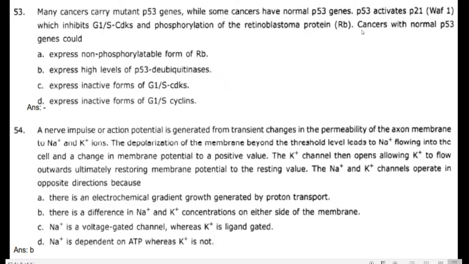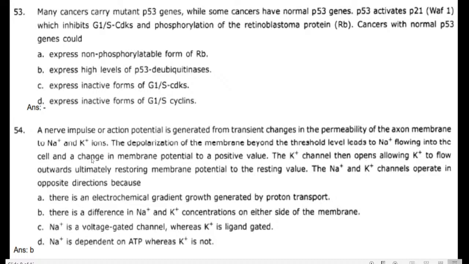So one is activation of P21 WAF1, inhibiting the G1/S phase, and phosphorylation, with normal P53 gene. Here the answer is C. D expresses the inactive form of G1/S cyclins.